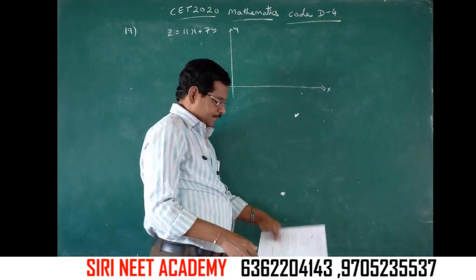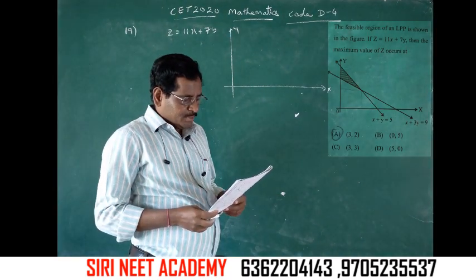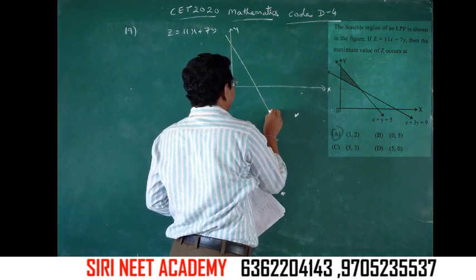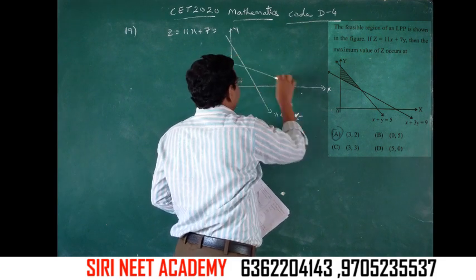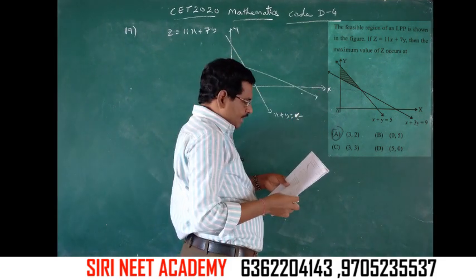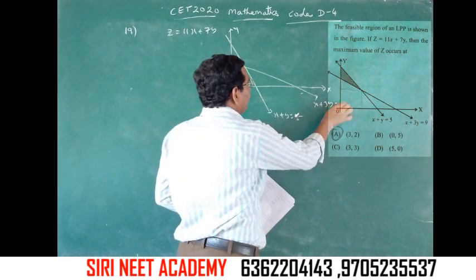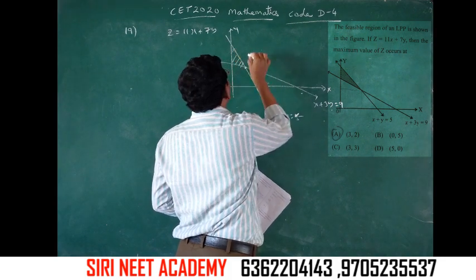Given question is: first line x plus y is equal to 5. Second line, x plus 3y is equal to 9. This is the graph.